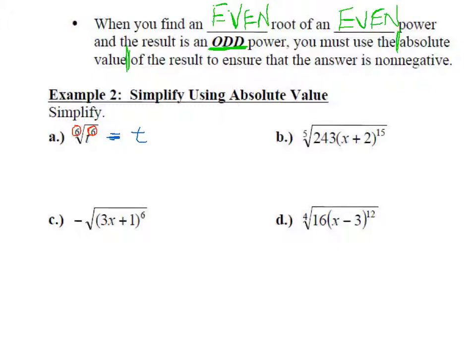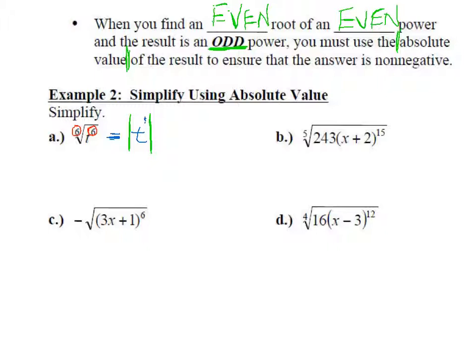Well, our result has an odd power because our result would be t to the first. So that means we would have to use absolute values around our problem. You're going to need to write your answer as the absolute value of t. You don't have to put this 1 up top, but I did just to show you.